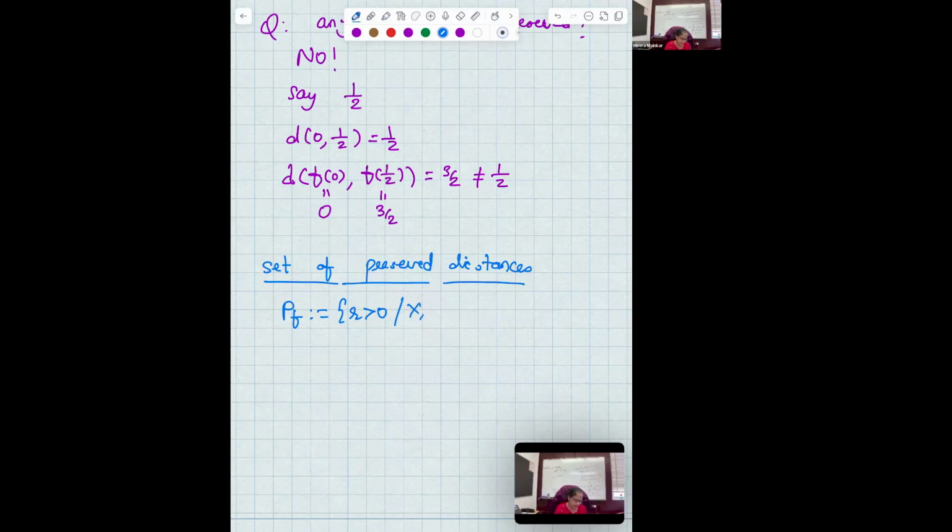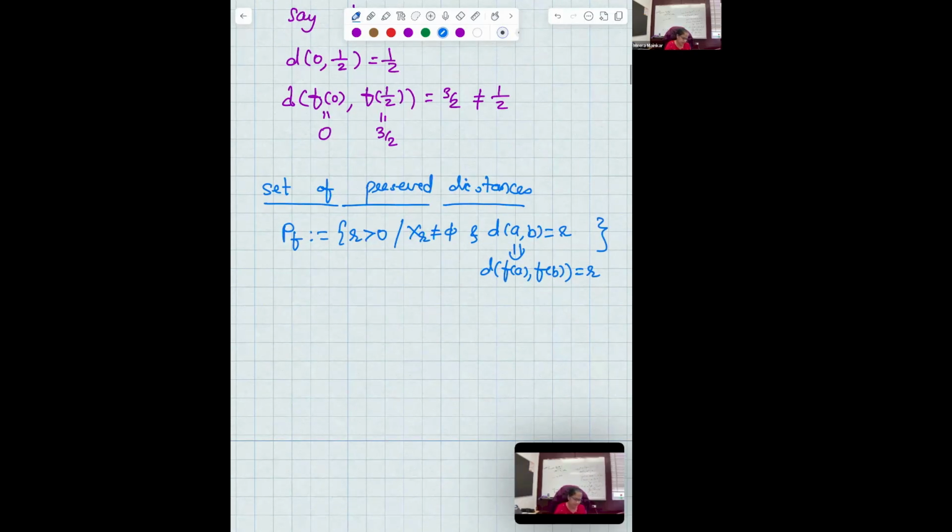First of all, there should be at least 2 points in the space with that distance r, and the distance between A and B being equal to r should imply that the distance between f of A and f of B is also equal to r. So you collect all of those numbers r.